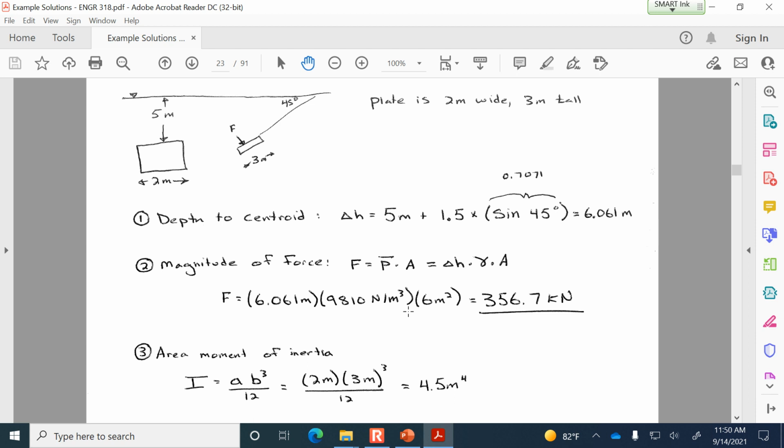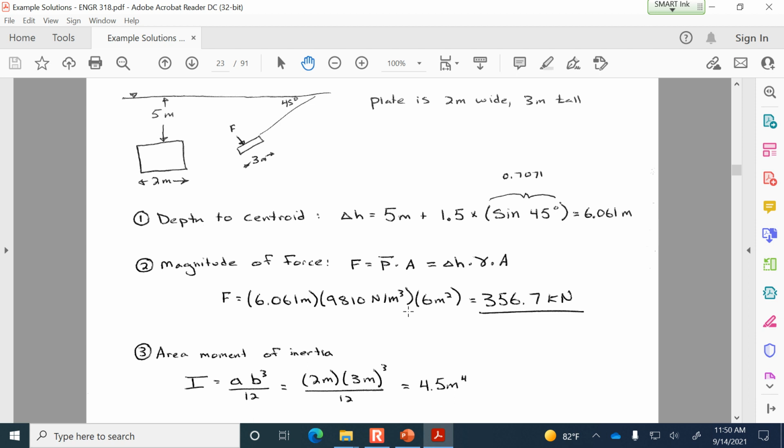First thing we want to find is the depth to the centroid, delta H. This is where we have to do a little bit of geometry. What we're looking for is the distance from the center of the plate's area, the centroid, up to the water surface.